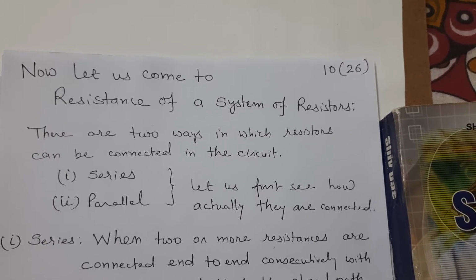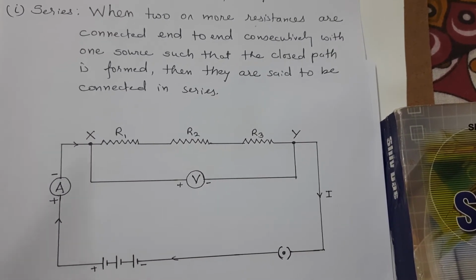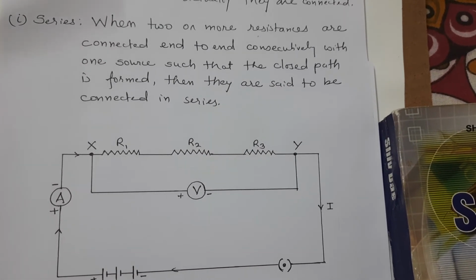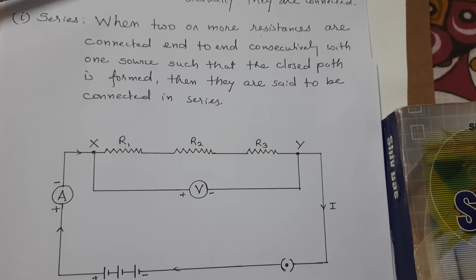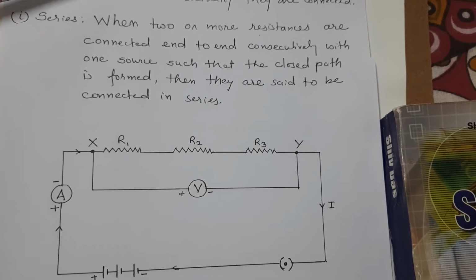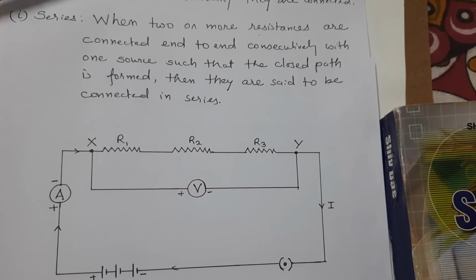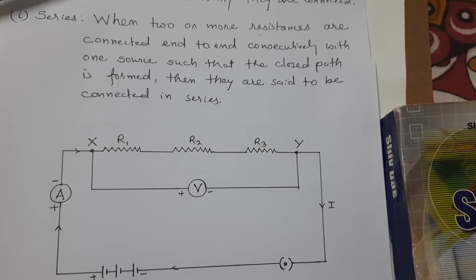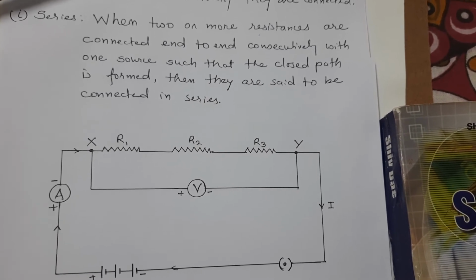So here we have drawn a circuit diagram. When two or more resistances are connected end to end consecutively with one source such that a closed path is formed, then they are said to be connected in series. See there, R1, R2 and R3 are the three resistors and they are connected in series. And there we have shown V, that is the voltmeter.